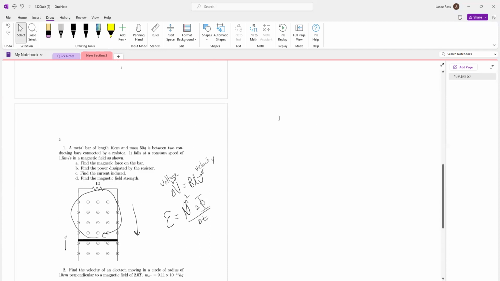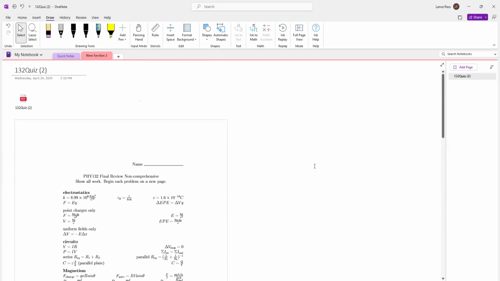Let's see what we're actually looking for here. We're asked for the magnetic force on the bar, but we're told that it's falling, so under the force of gravity, and it's moving at a constant speed. So if we're falling under the force of gravity, and we're not accelerating, then the magnetic force has to be equal to the force of gravity, because if v is constant, a is 0.